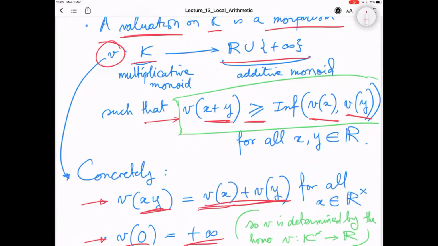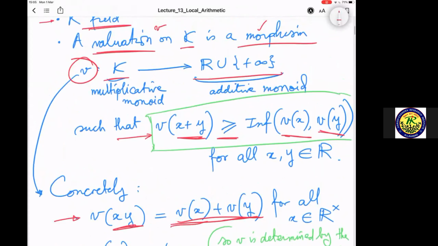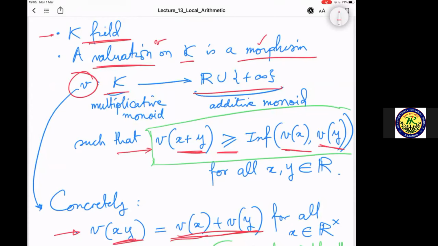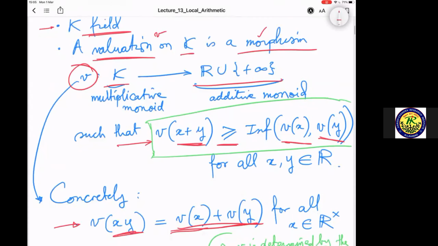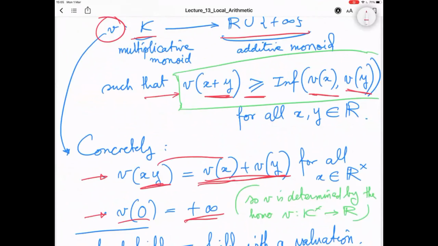So what is a valuation on a field? It is just a map V from K to R union infinity, which takes multiplication to addition, which takes 0 to plus infinity, and for which the valuation of a sum is bigger than the smaller of the valuations of the two summands.